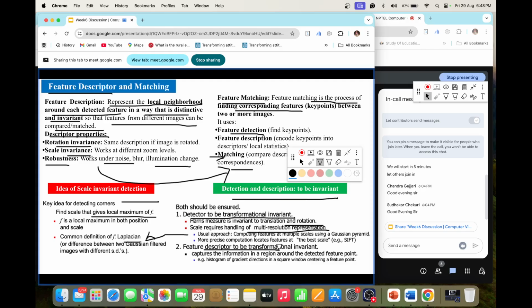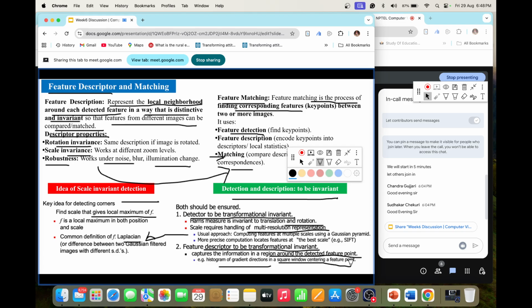And second, the feature descriptor should also be invariant. It captures the information in a region around the detected feature point, not only the feature but also the local region around the feature. That should also be transformation invariant. For example, a histogram of gradients in a square window centered on the feature point.